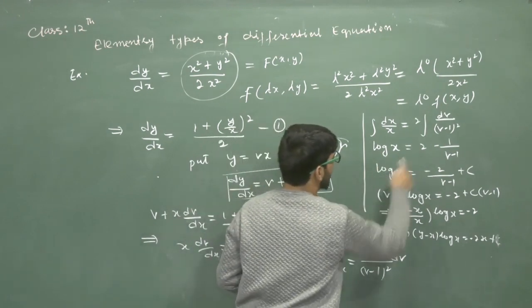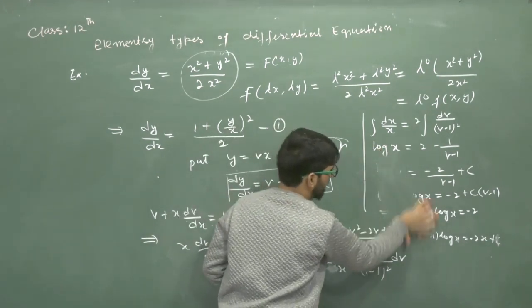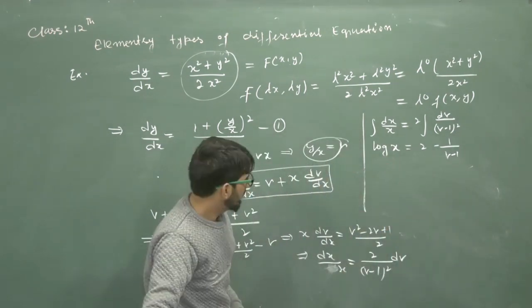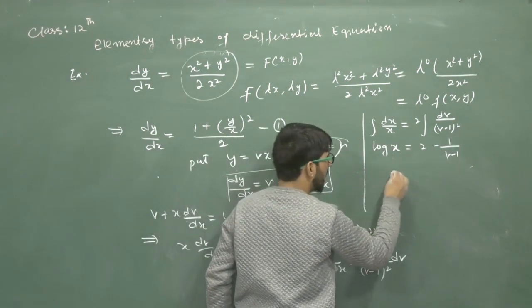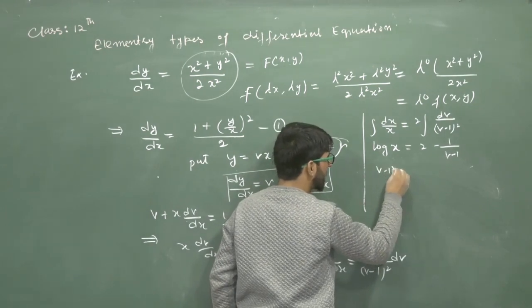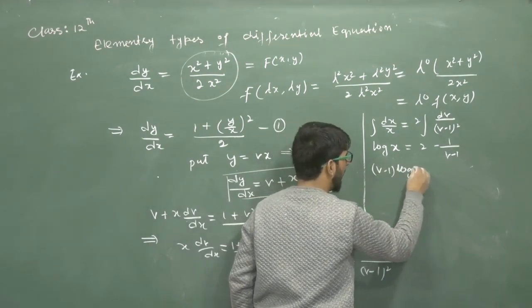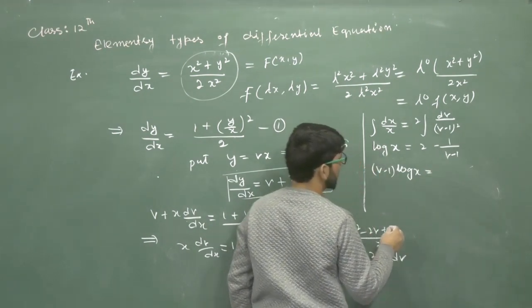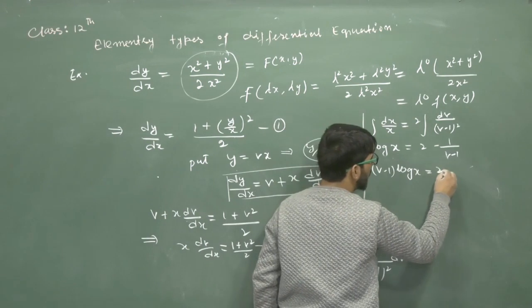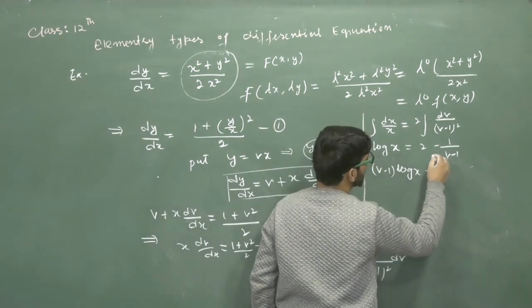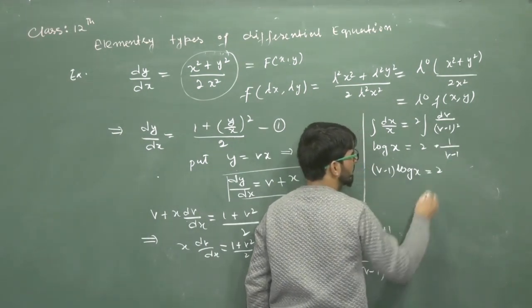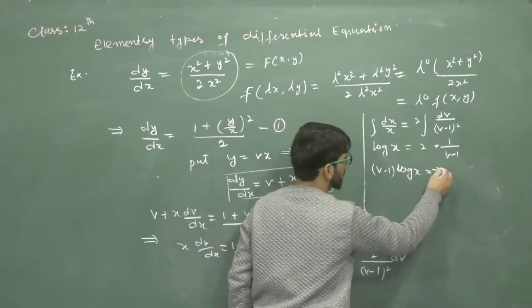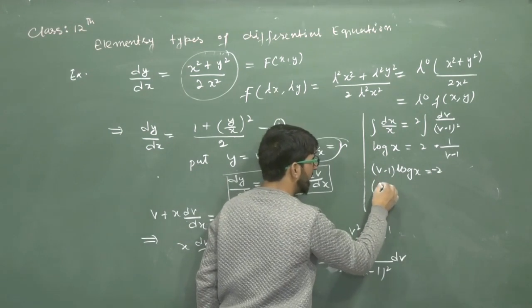For this step, rewrite the whole. This is (v minus 1) log of x is equal to minus 2 plus c times (v minus 1).